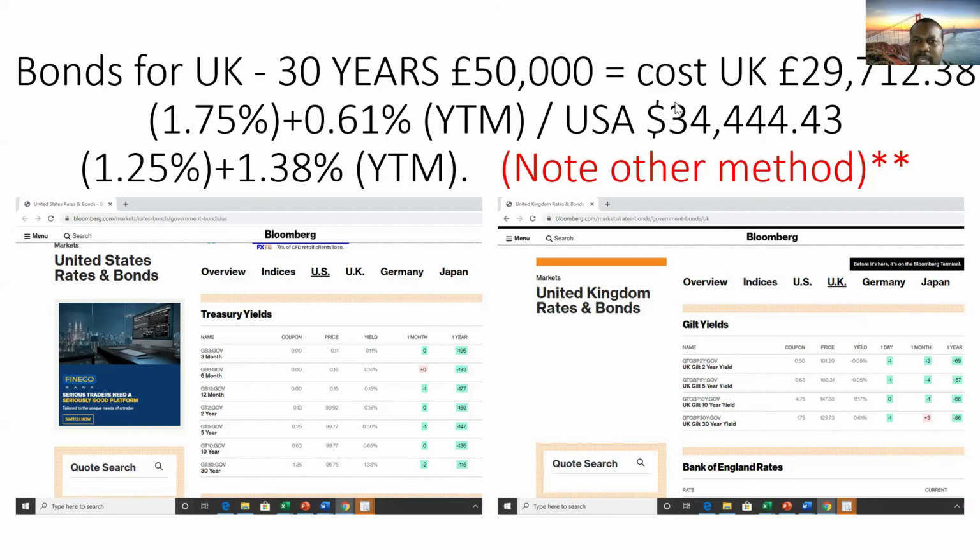In terms of the UK, if we were to look at the principal here, you would need to buy the instrument for about 29, and with the US, you would need to buy it for about 34. But we can actually drill down into this figure by using the yield to maturity and the coupon payment.